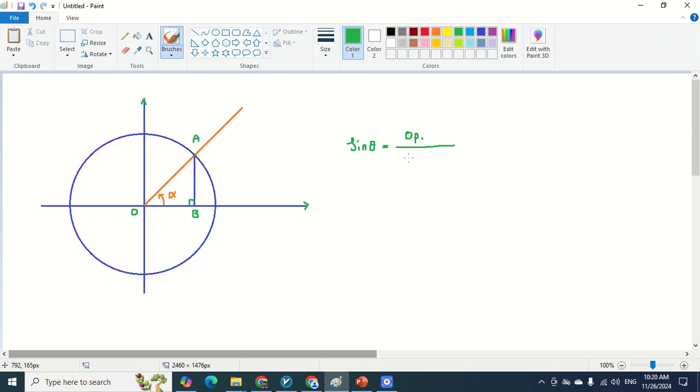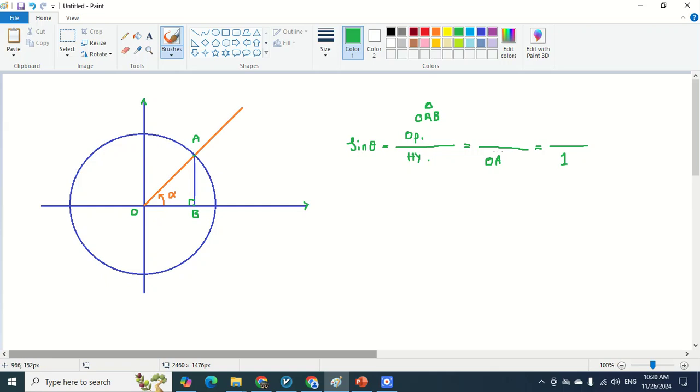If you consider the triangle OAB, then the hypotenuse is OA, which is the radius of that circle, and the radius is 1 because we have a unit circle.